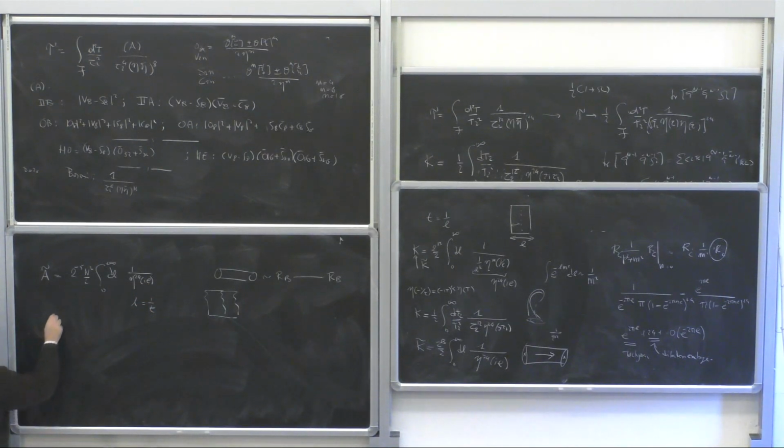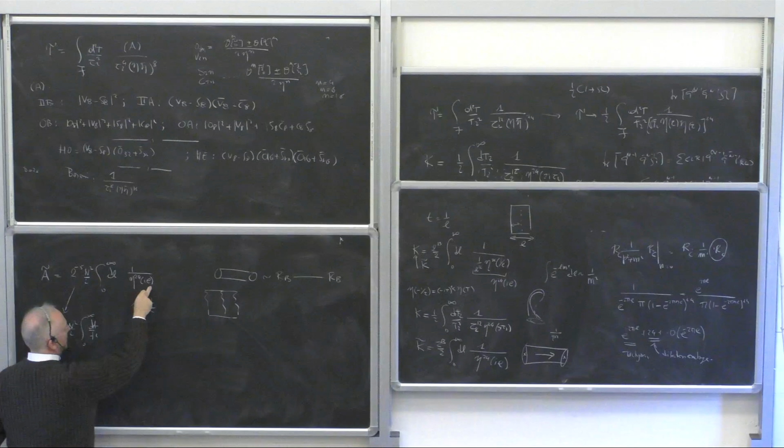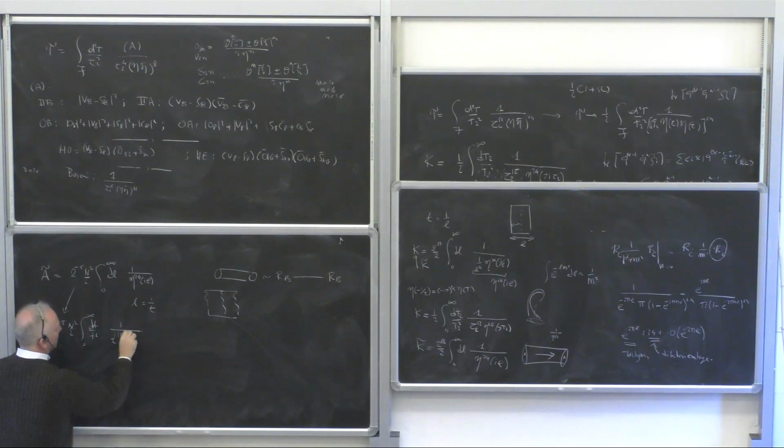And then if I do this transformation, this expression becomes 2 to the minus 5 n squared over 2, integral from 0 to infinity dt over t squared. I do the modular transformation, I get eta of i over t, and this is t to the 12 over eta to the 24 of it. But here I'm still dealing with the doubly covering torus.